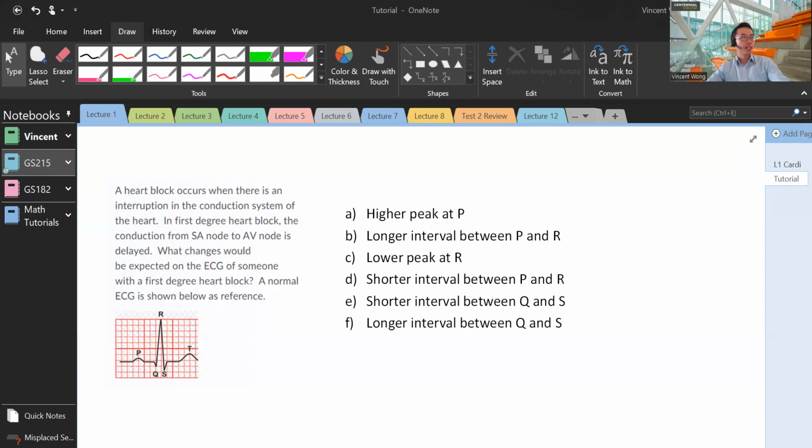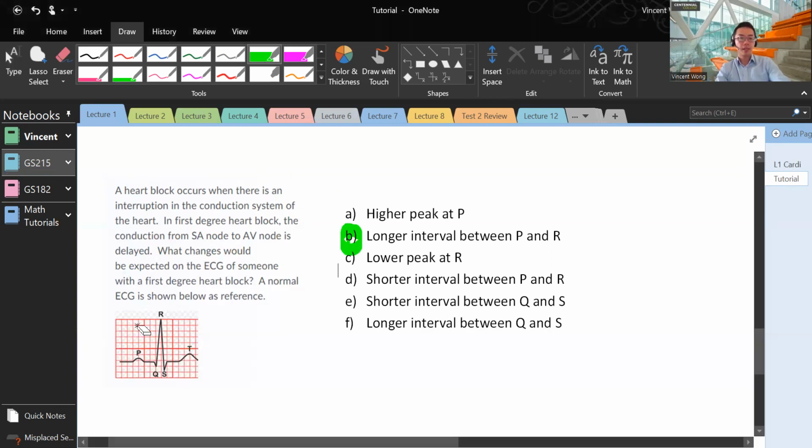Okay, a couple more seconds. Okay, and the correct answer is longer interval between P and R, right?